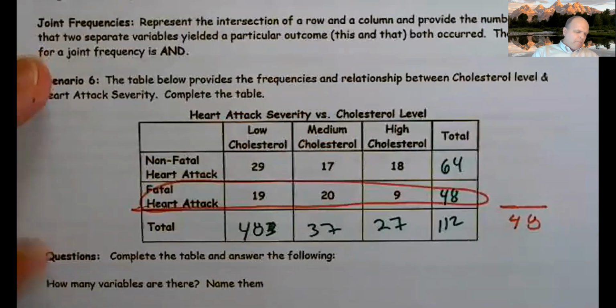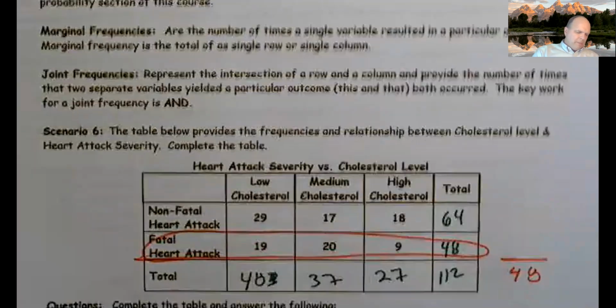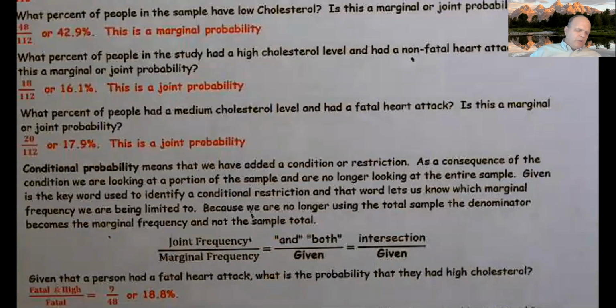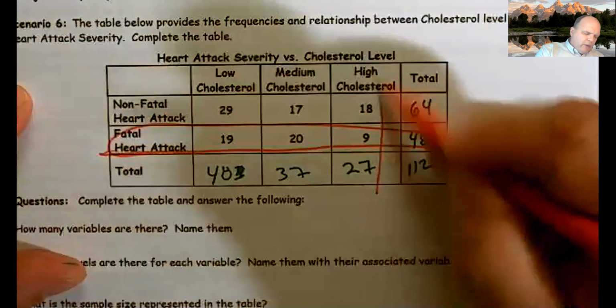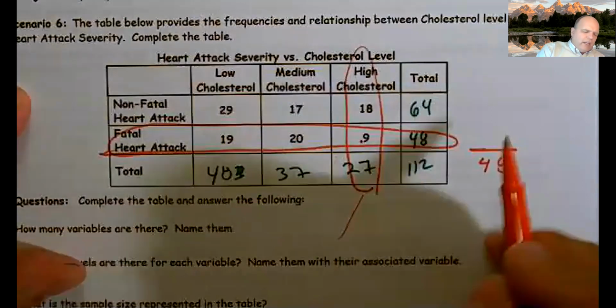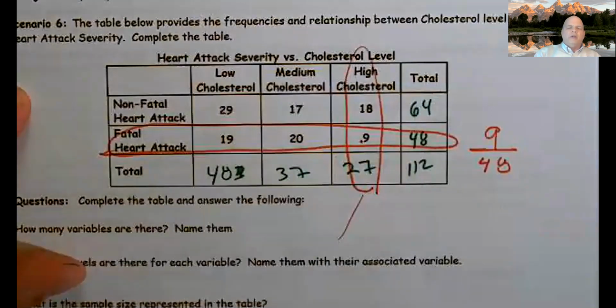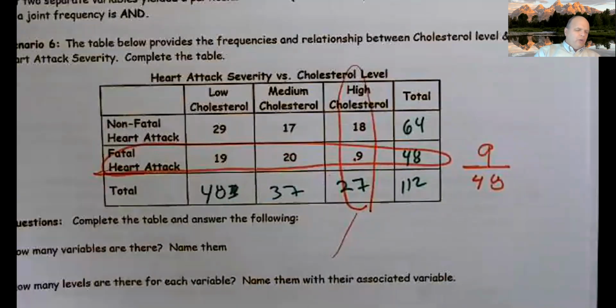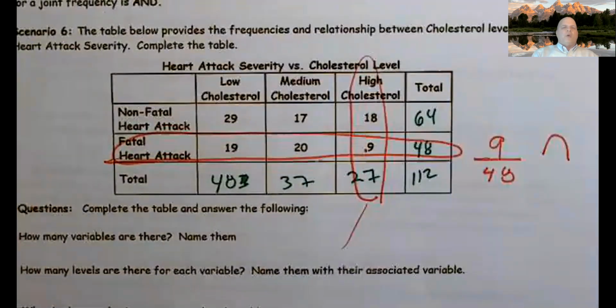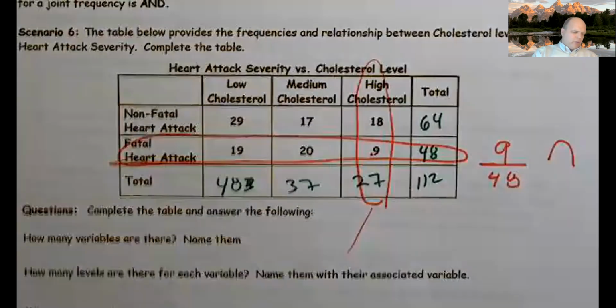Then the next part of the question is, given that they had a fatal heart attack, what's the probability they had high cholesterol? There you see it. I have an intersection, and that intersection is what goes in the numerator. We often use this symbol in probability to represent an intersection.